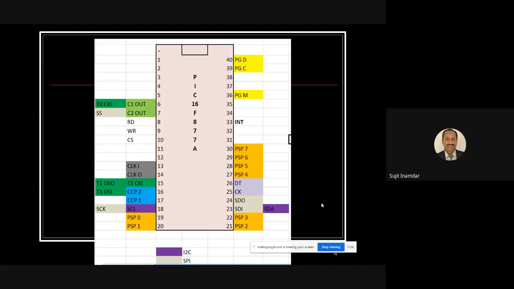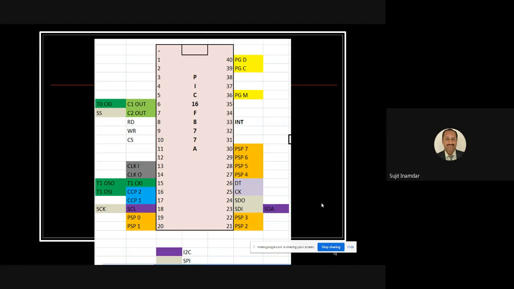The main highlighted ones over here are RD, WR and CS. They are nothing but the control lines: read line, write line and chip select line, pin numbers 8, 9 and 10. This is how all this grouping has been done, and you are supposed to concentrate.